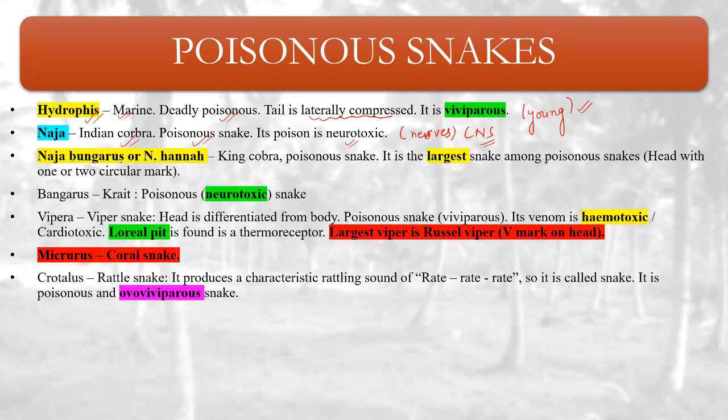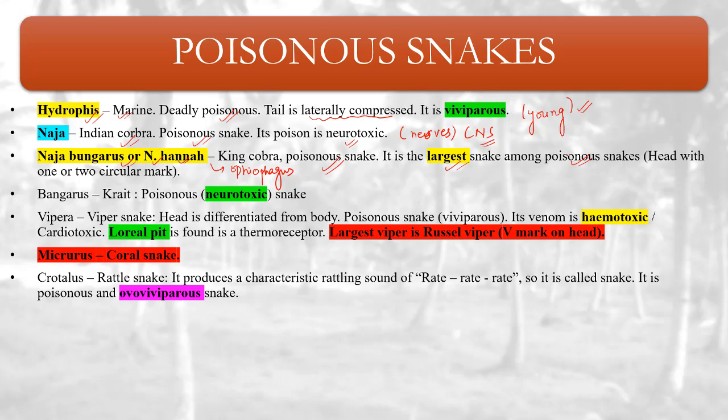Naja bungarus or Naja hannah, also known as Ophiophagus hannah, the king cobra, is a poisonous snake. It is the largest snake among the poisonous snakes.